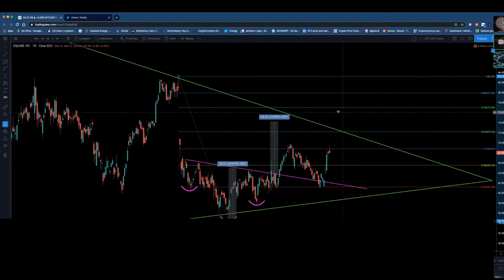Common retrace areas, though. This pattern has been very good at playing out every time we've been identifying these in the Discord, this inverse head and shoulders. Not so much in crypto, but on the traditional market, this thing's been playing out great on this daily time frame.